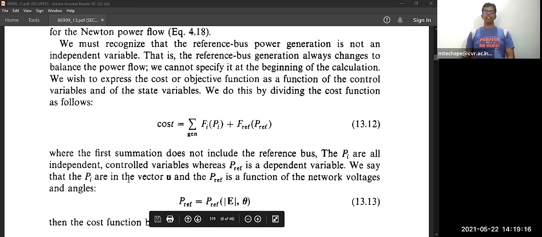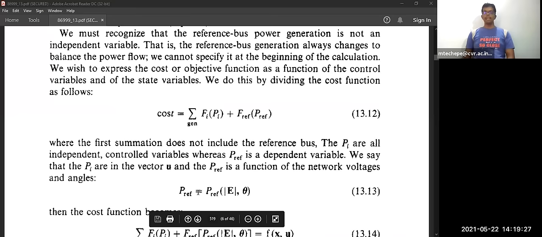We say that Pi are in the vector u, and the P reference is a function of the network voltage and the angles. That is, P reference is equal to P reference of E comma theta. So P reference is a function of network voltage as well as the phase angles.